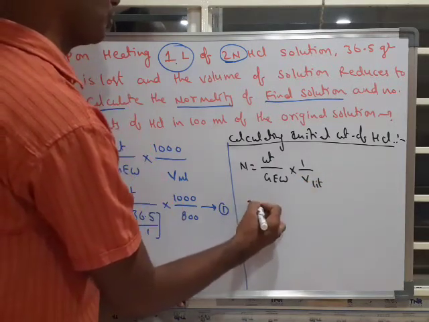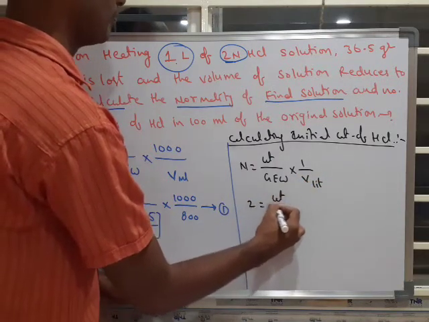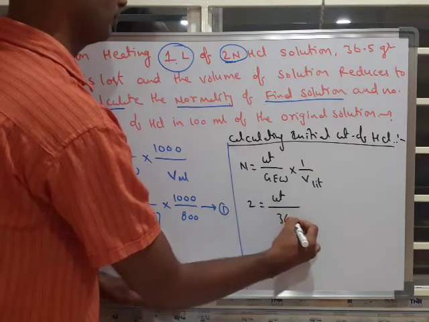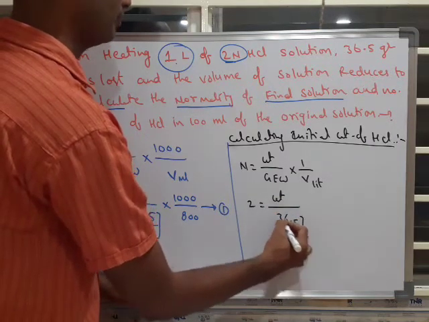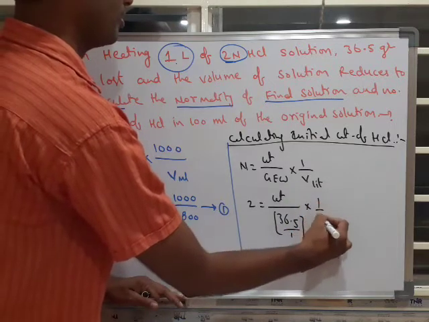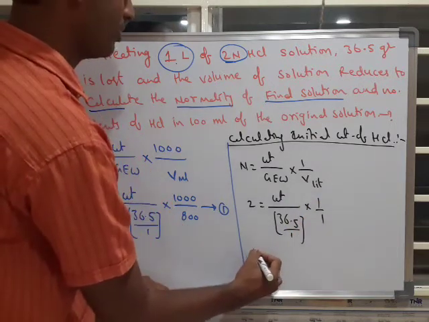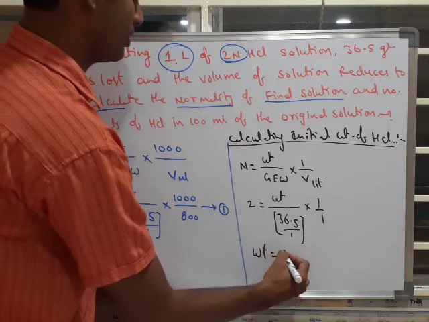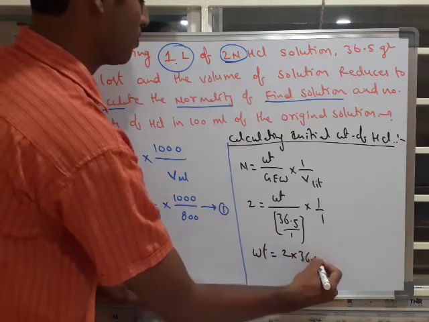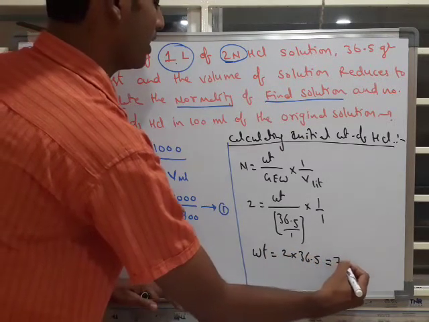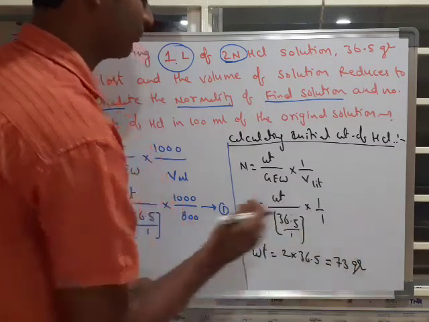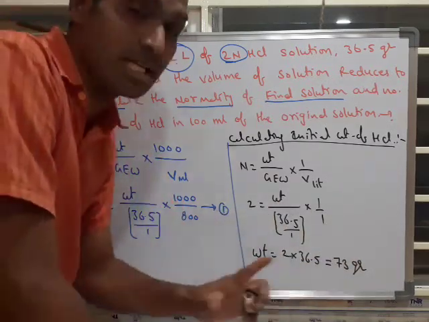So for 2 normality, weight equals 36.5 by 1, and here the 1 liter gets cancelled. So what is the initial weight? Initial weight equals 2 into 36.5, which is 73 gram.